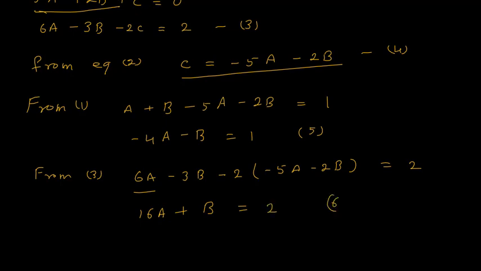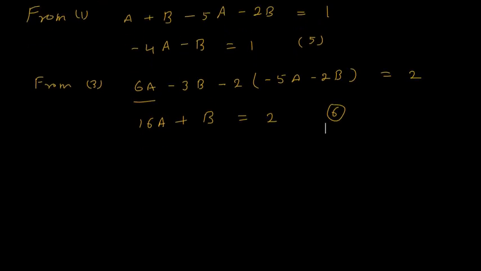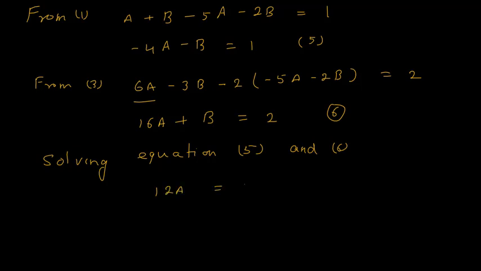So now equation 5 and equation 6, if I add them, b will cancel. So solving equation 5 and 6, adding equation 5 and 6, when we add 16 minus 4 I will get 12a, equal to, here 1 plus 2 I will get 3. So therefore the value of a is 3 upon 12, which is equal to 1 upon 4.